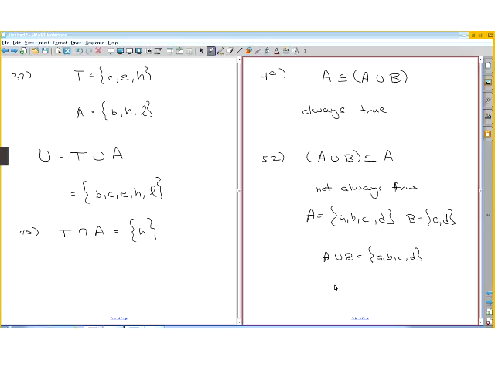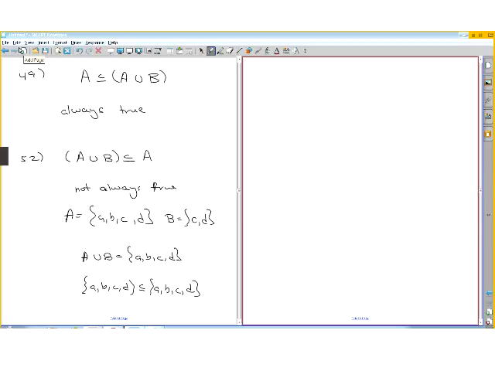And so then if you say is A, B, C, D a subset of A, B, C, D? Well, the answer is yes. It's not a proper subset because a proper subset would have fewer entries than this. They'd still be in here, but there would be fewer. Okay, what do we got next? 56.